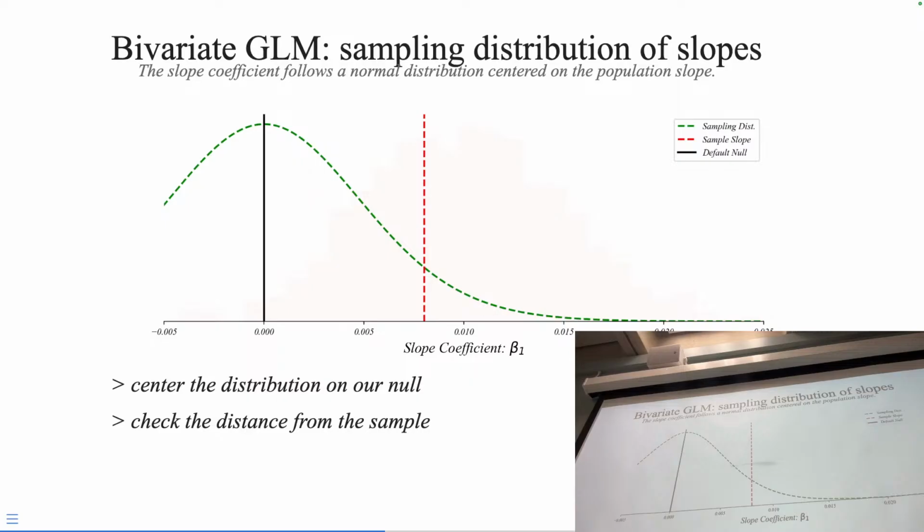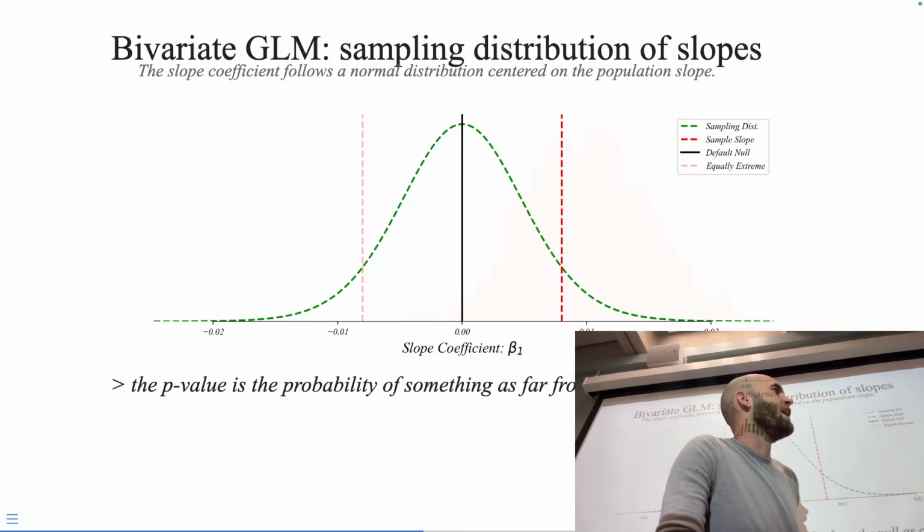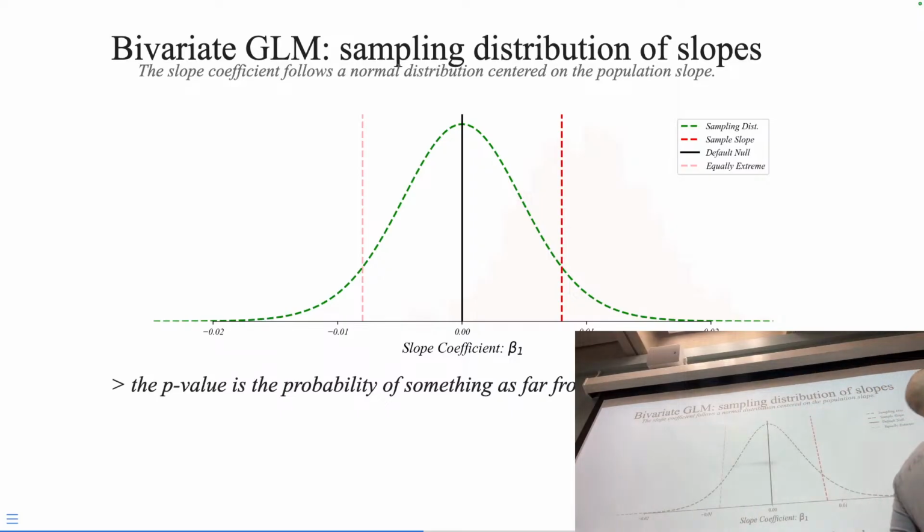So we'll set the default null equal to 0, and then we'll center the sampling distribution on our null hypothesis, our sort of baseline guess. And every null hypothesis is truly a guess. It's just when we're thinking about relationships between variables, starting with no relationship is truly the right place to start. So then we center the sampling distribution on 0, and then we look at the area in the tails more extreme than our sample slope.